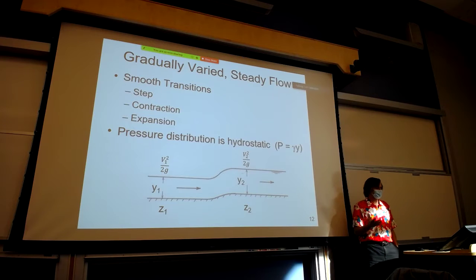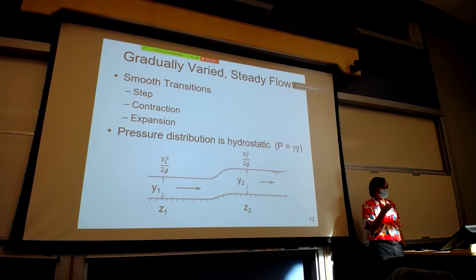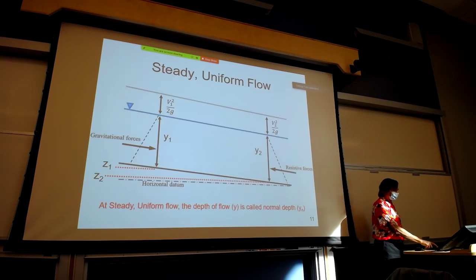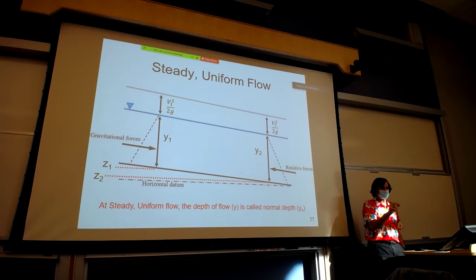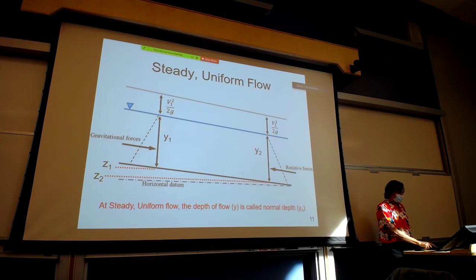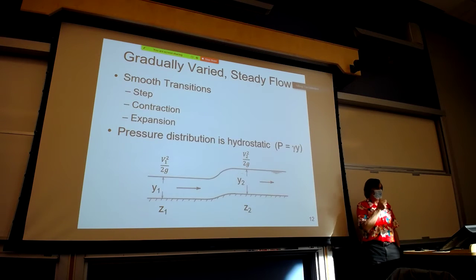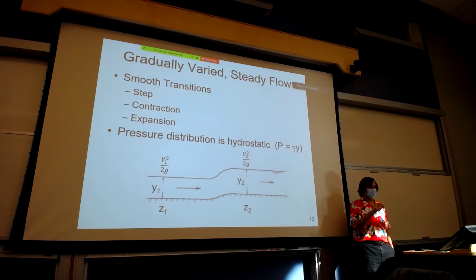And so what that does is start to change us from where the energy slope and the water surface slope and the bed slope are the same, which is true for steady uniform flow, and steady gradually varied flow, or steady non-uniform flow as it's also called. Those three are no longer parallel.